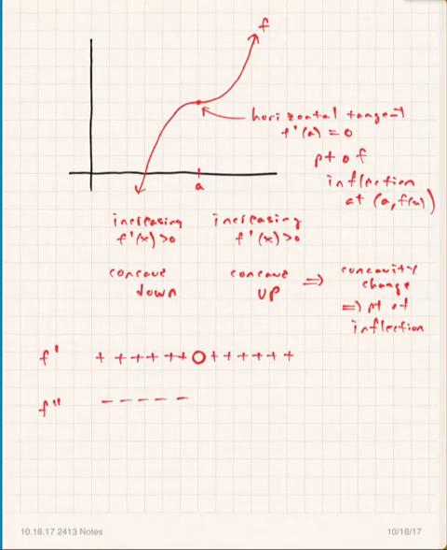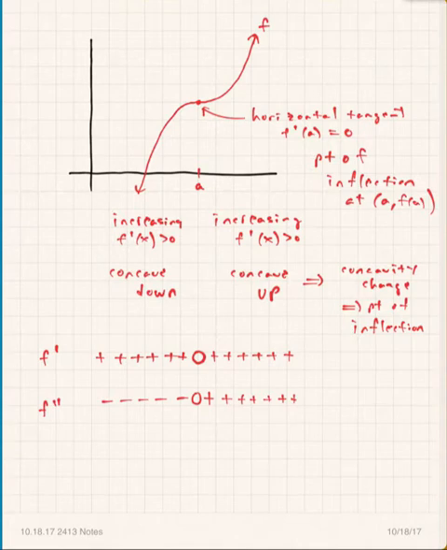And then at a, the second derivative changes sign to positive. Function changes to concave up. Second derivative is going to be 0 at that point, right there. So when you get a concavity change, you've got a function that's going to have a point of inflection at that point.